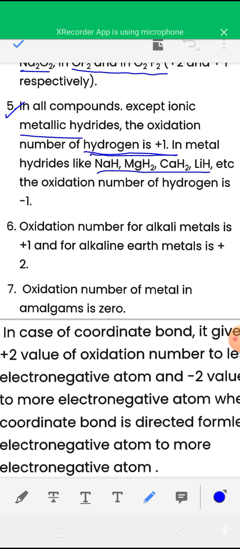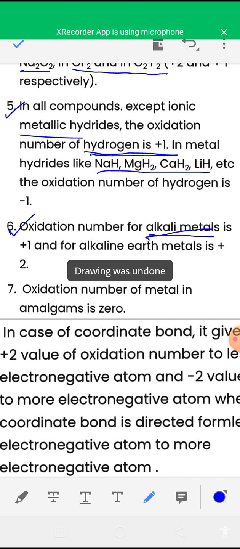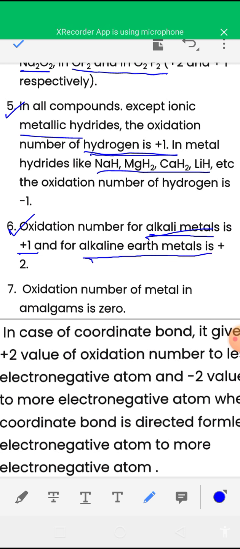Okay. Point 6, oxidation number of alkali metals like sodium, potassium, cesium. Oxidation number of all alkali metals, lithium, sodium, potassium, is always +1, and oxidation number of alkaline earth metals is always +2, like magnesium, calcium.